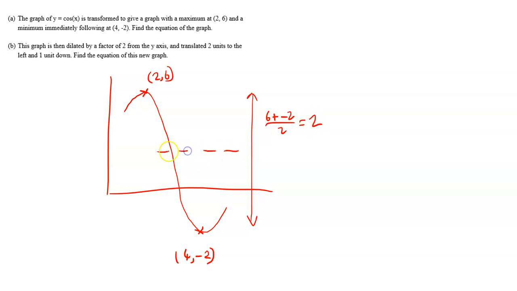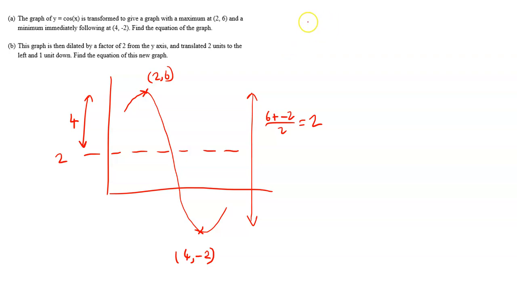So we know that our midline here is going to be 2. That means that the graph, after everything else, will have been translated 2 units up. From here we can see that the amplitude is 4, so there's a dilation times 4 from the x-axis.